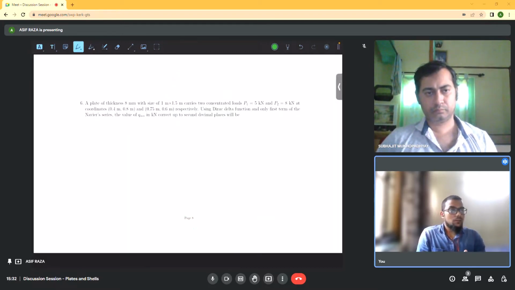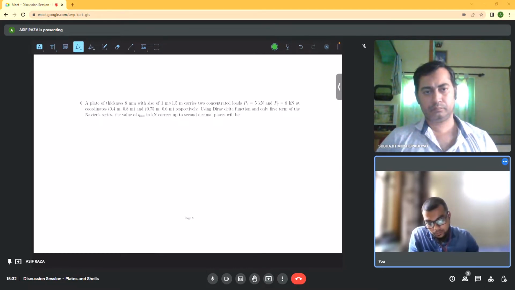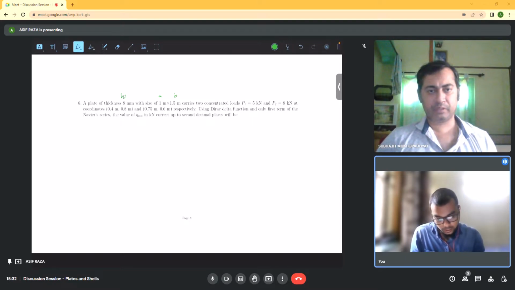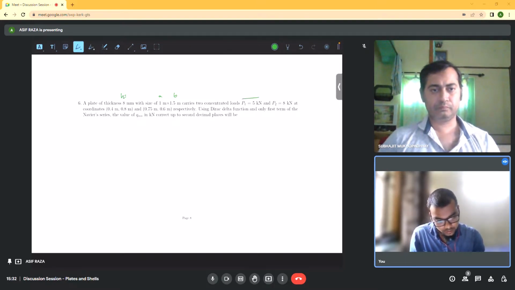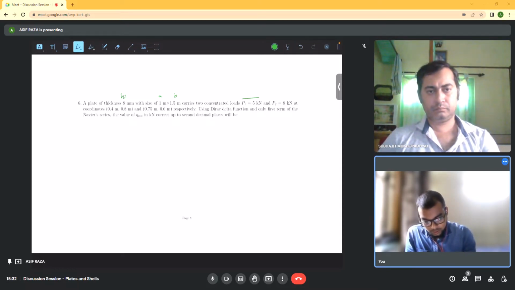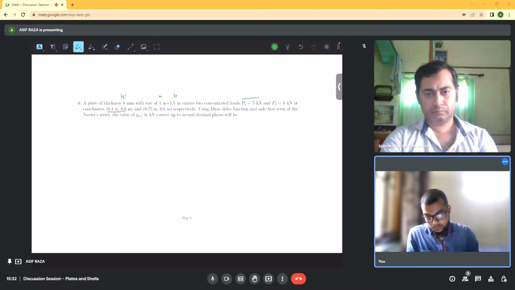Now let's solve the next question. So we have a plate of thickness 8 mm with size of 1 by 1.5 meter, carrying two concentrated loads P1 equal to 5 kilonewton and P2 equal to 8 kilonewton at the coordinates 0.4 meter, 0.8 meter and 0.75 meter, 0.6 meter respectively.